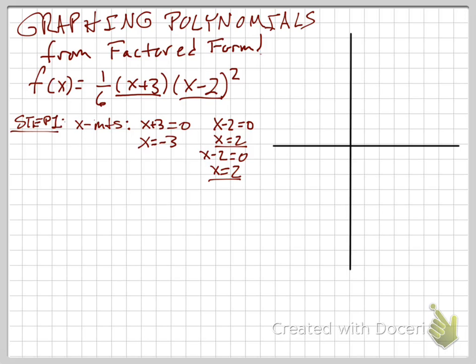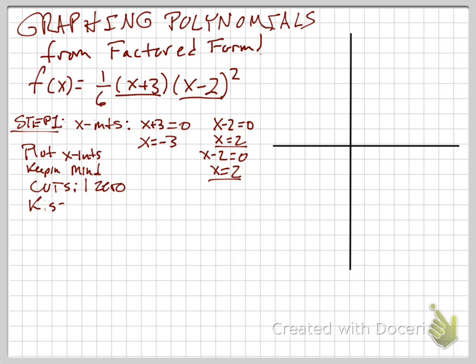So when we plot the x-intercepts, we want to keep in mind cuts, meaning there's only one 0.